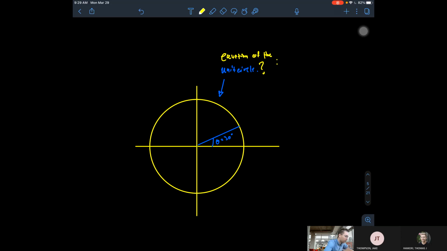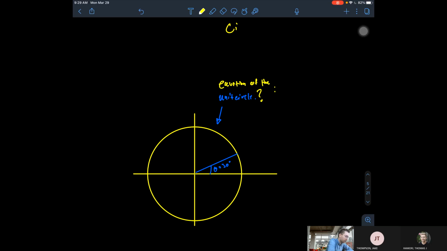Two pi r is an equation for the circumference of a unit circle. Actually, 2 pi r is the equation for the circumference of a circle with radius r.